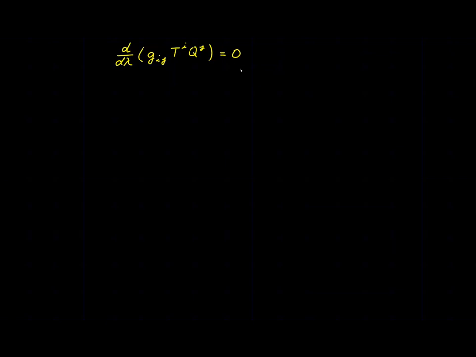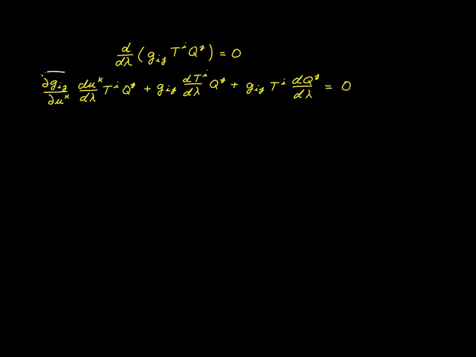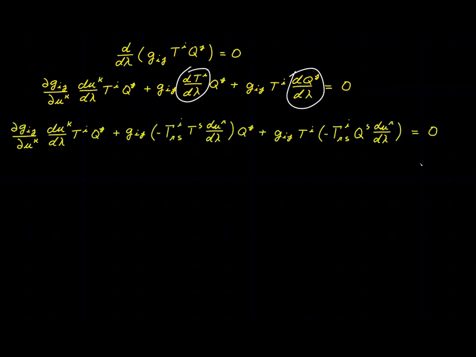Well, expand this out using the product rule. Note that this combination of factors right here is really the chain rule applied to our metric tensor right there. Now replace these factors, this one and this one, with the equivalent expressions for the parallel transport. This factor right here is the same as this, and this factor is the same as this.